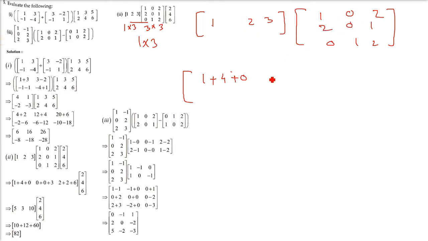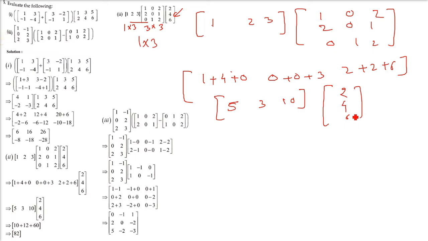So this is 0 plus 2 into 0 is 0, 3 into 1 is 3. Now first row and third column: 1 into 2, and then 2 into 1, and 3 into 2. So 5, 3, and 6, 7, 10. Okay, 5, 3, 10 is the result. And now we have to multiply it with 2, 4, 6. So this is 1 by 3 and this is 3 by 1. 3 rows, 1 column.